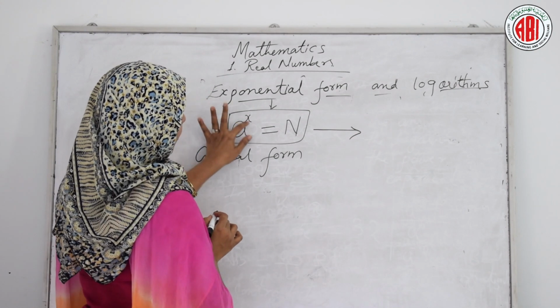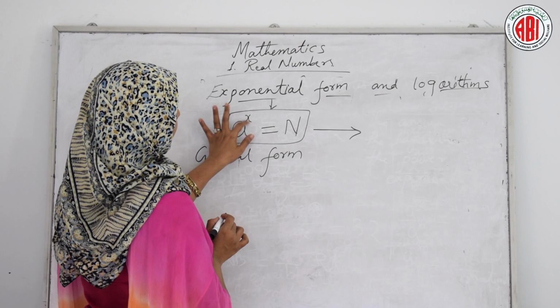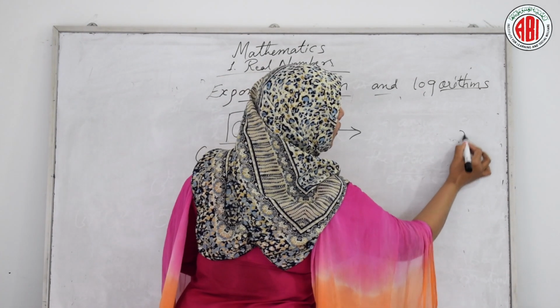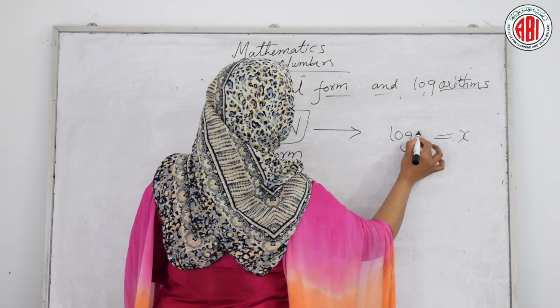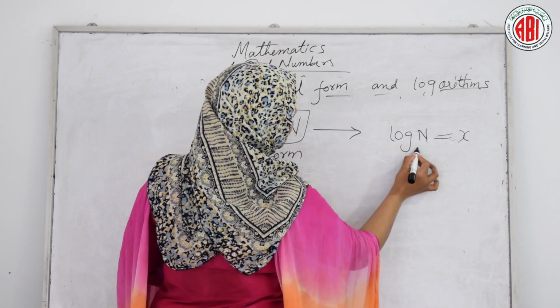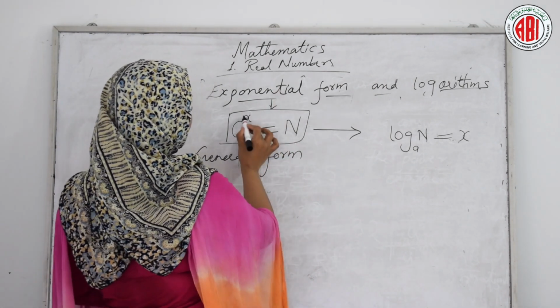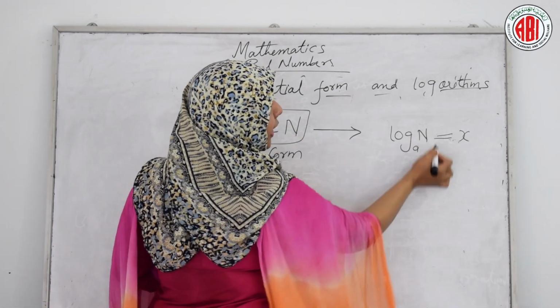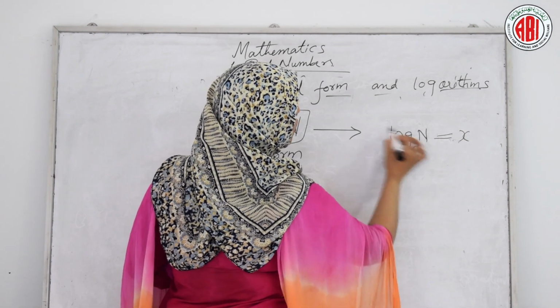The answer of the logarithm is the power of the exponent. So this is the answer of logarithm, so we are writing x. This is equal to log n base a. Base should be same. To get the value of this power only, we are applying the logarithms. Log n base a is equal to x.